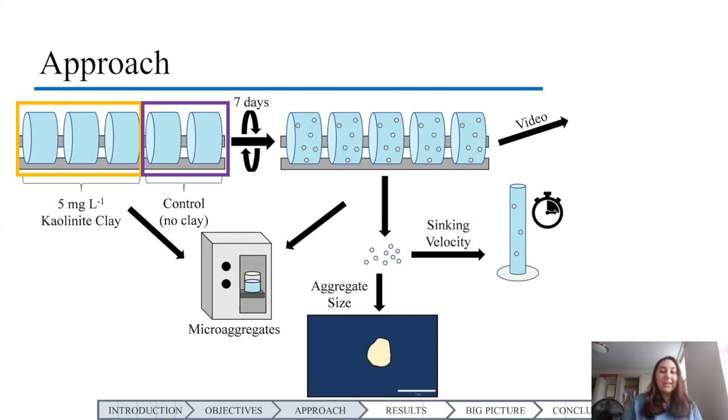In our next slide, we will have a video of the roller tanks themselves. You can see them slowly rotating in the roller tank. What we want to achieve is that we don't want the aggregates to fall to the bottom of the tank. We want them to be constantly suspended so that there's no interference from the hard walls of the tank themselves. We are simulating an open water column.